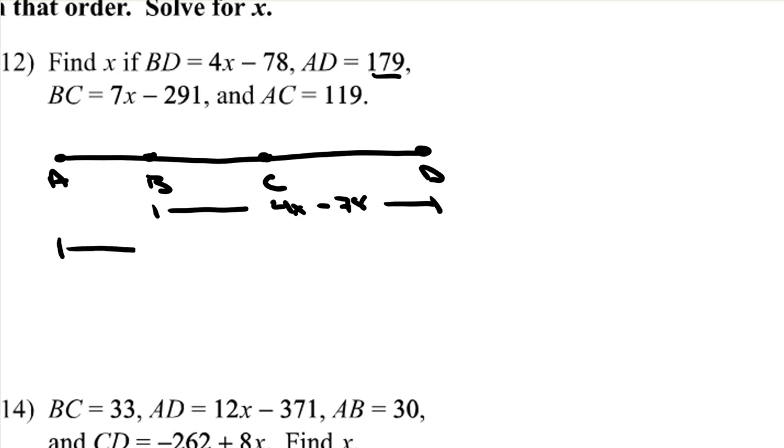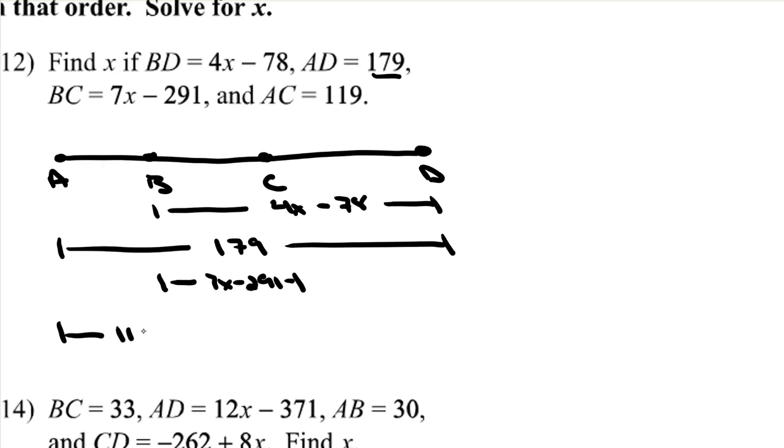AD, the whole thing, that's one to keep an eye on, is equal to 179. Okay, BC is equal to 7x minus 291. And finally, we're given AC, which is 119.